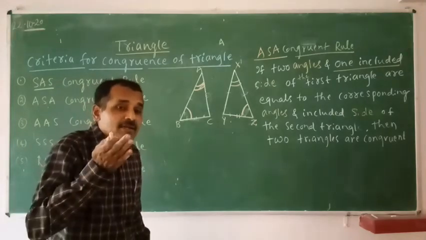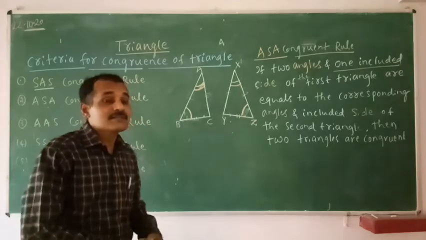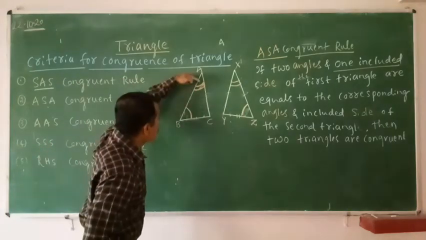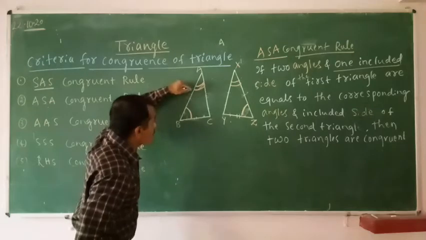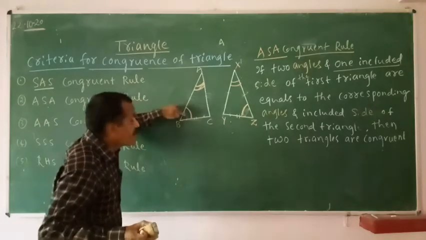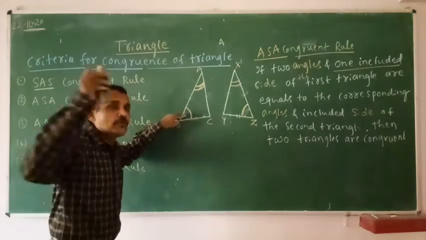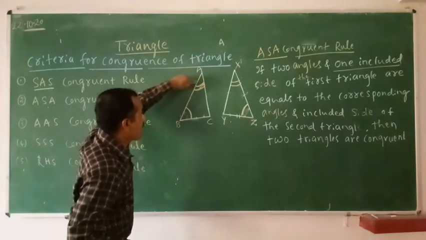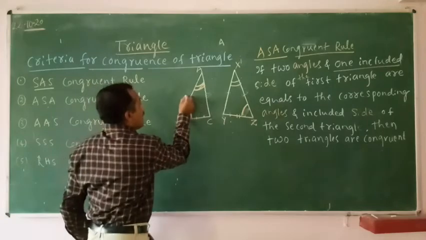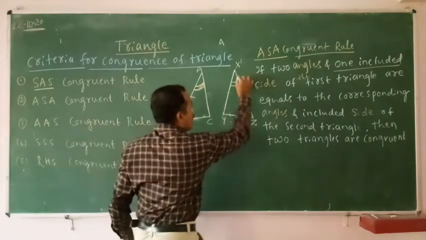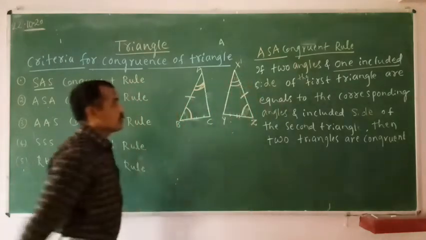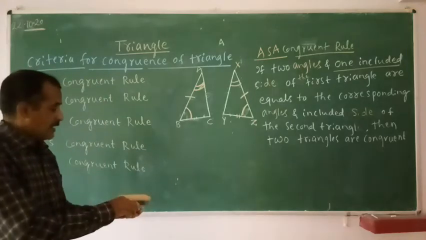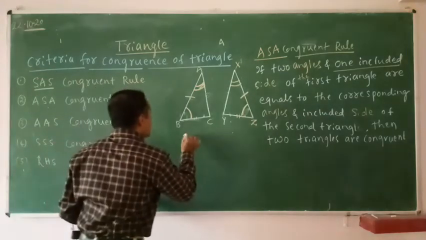The side of those two angles. When I have taken these two angles, which is the side of those two angles? This is the side for these two angles. I have to take AB is equal to XZ. I will write what are the equal things.